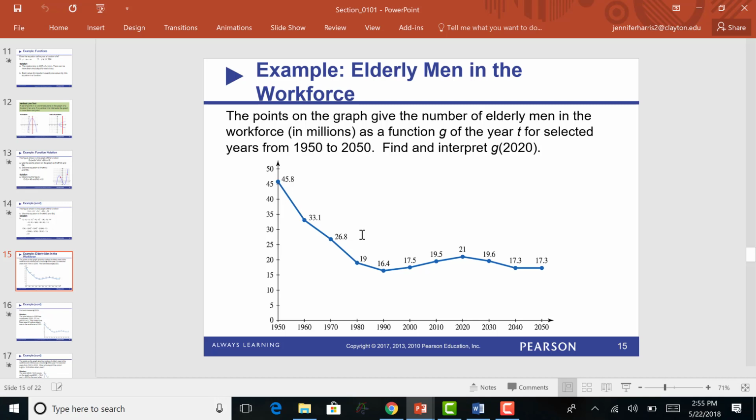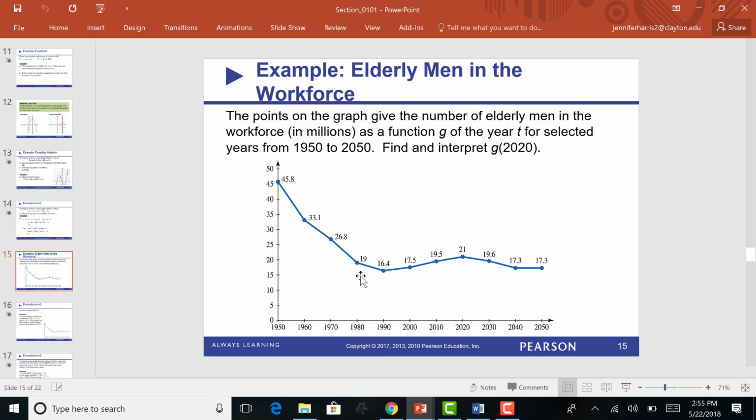Time will always be input. That means the other variable is the output. So what's the conversation? These points on the graph give the number of elderly men in the workforce as a function G. They use the number of elderly men as G, and this is the number of men in the millions.